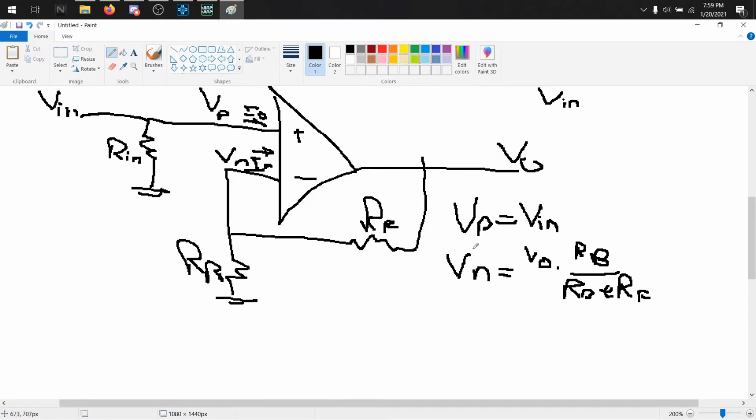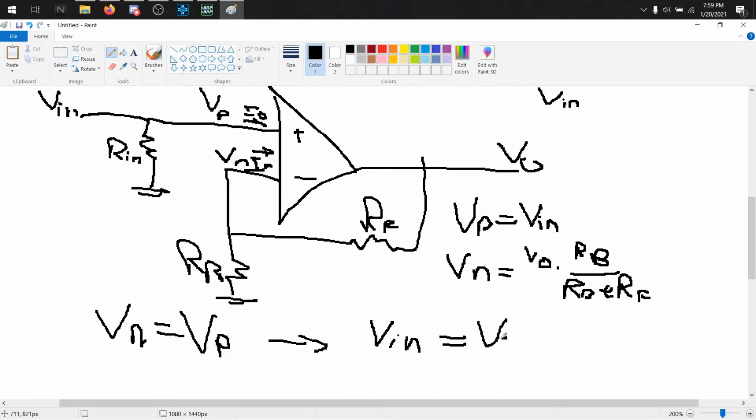All right. So these two equations are your KCLs. Well, Vn is just a voltage divider of V out. So it's this voltage right here equals this voltage. And because we know that Vn equals Vp, we can write Vn equals V out times RB over RB plus RF.